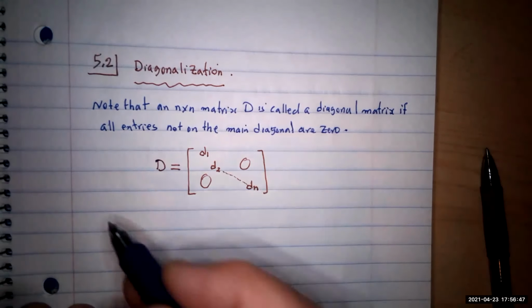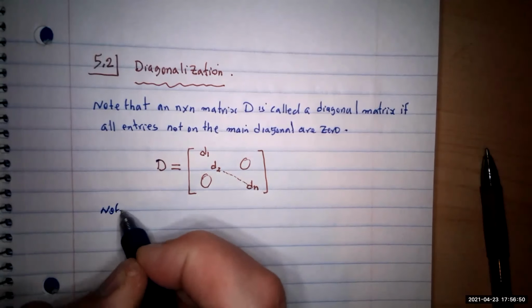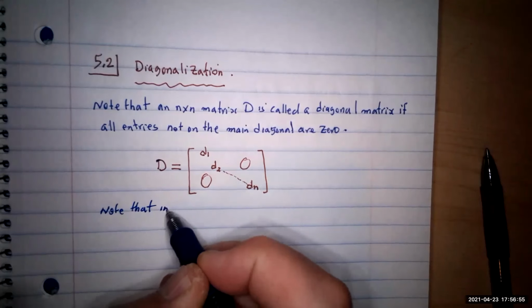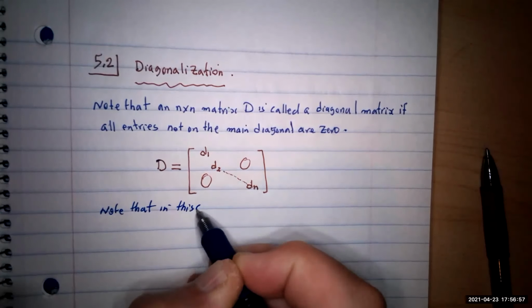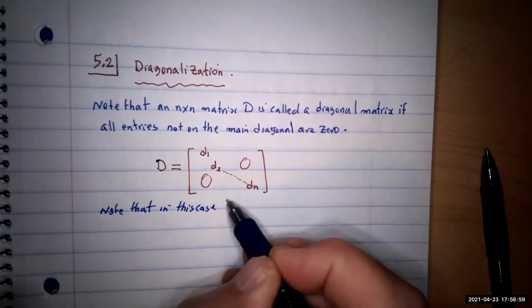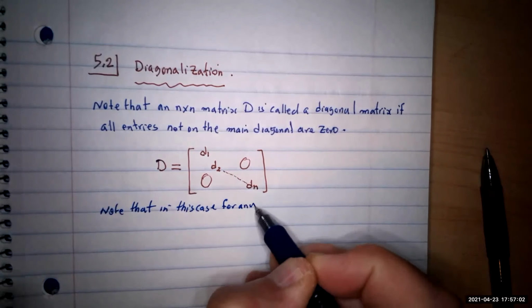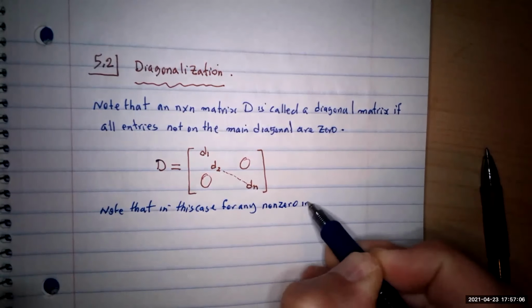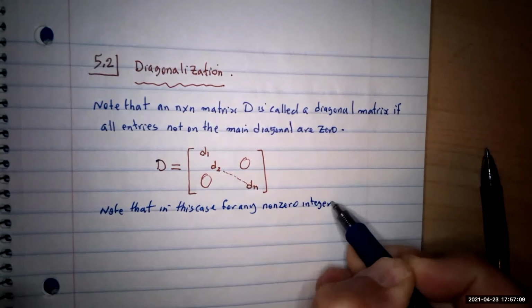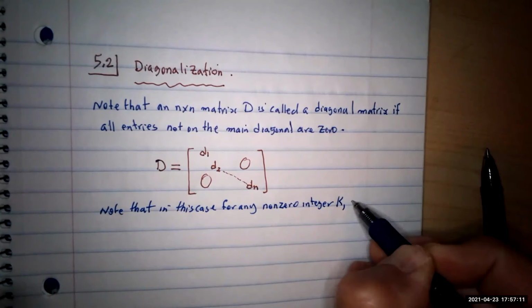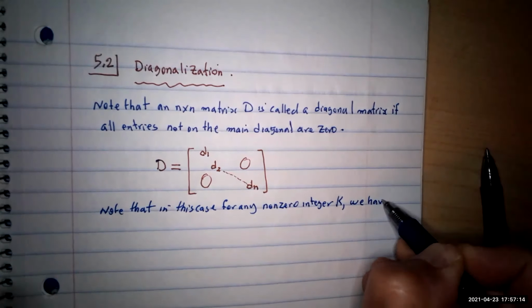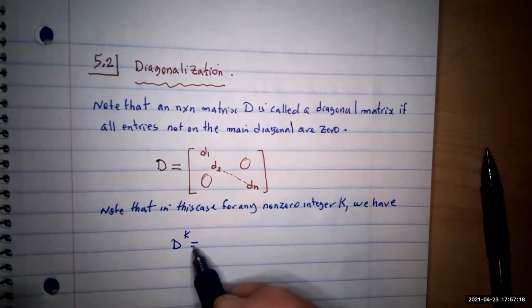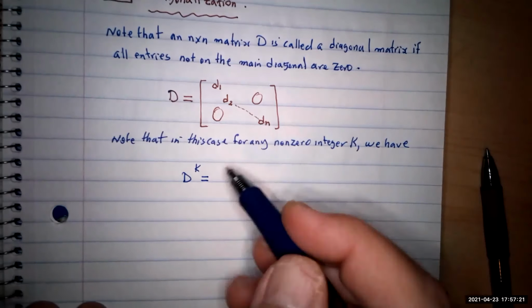Note that in this case, for any non-zero integer k, if you would like to get D to the k, you just raise these numbers to the k.